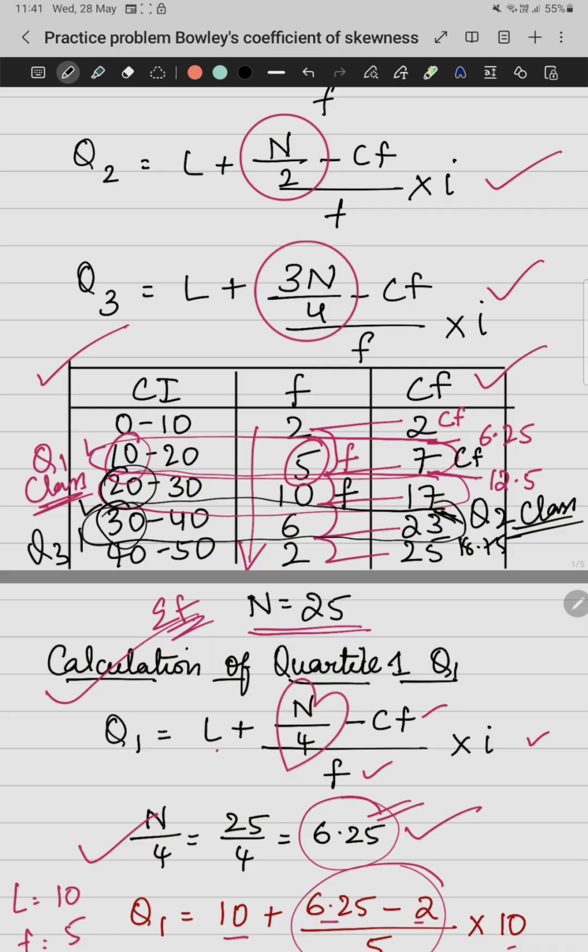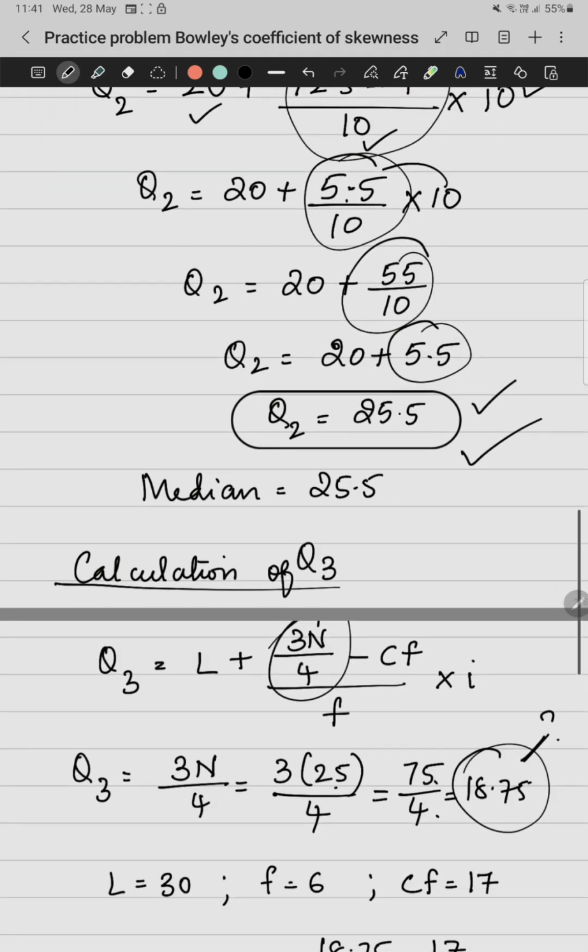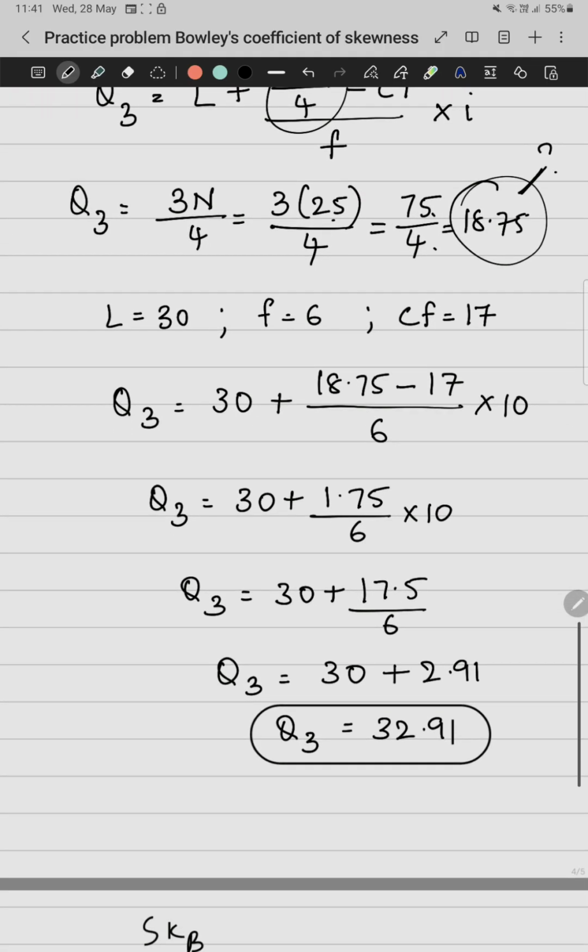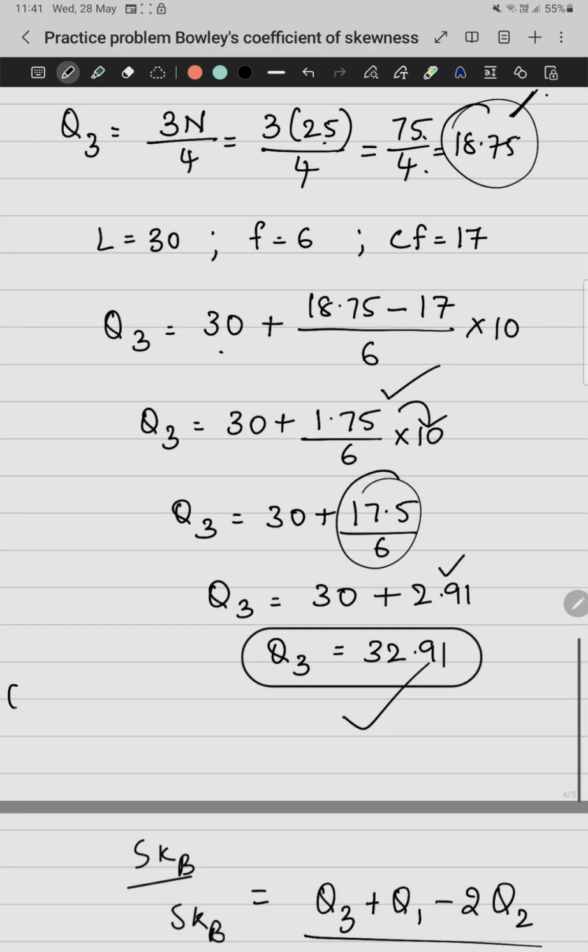So this is L, this is frequency, this is cumulative frequency. 30 plus 18.75 minus 17, divided by 6, into 10. So 18.75 minus 17 is 1.75. 1.75 into 10 is 17.5. Then 17.5 divided by 6, you will get 2.91. 30 as it is, you will write 32.91 as Q3. So we have found all the quartile values Q1, Q2 and Q3.